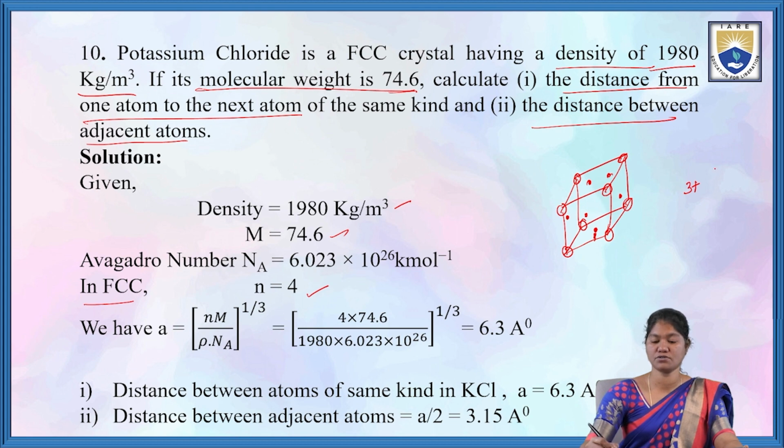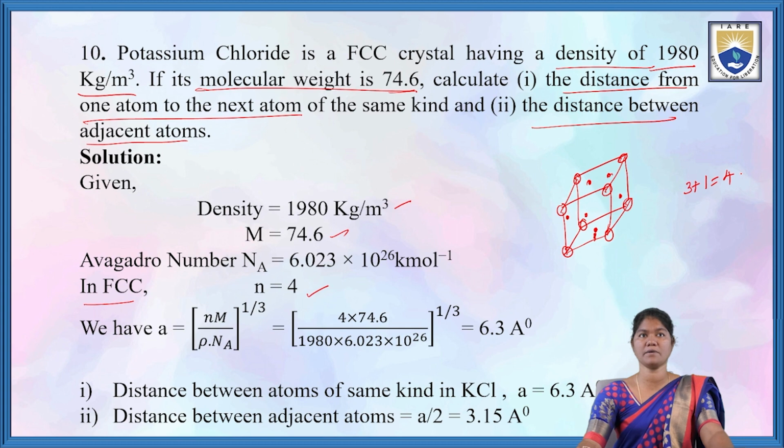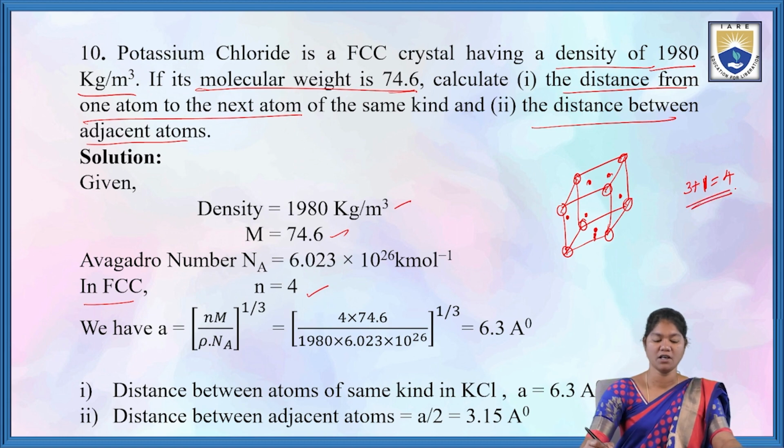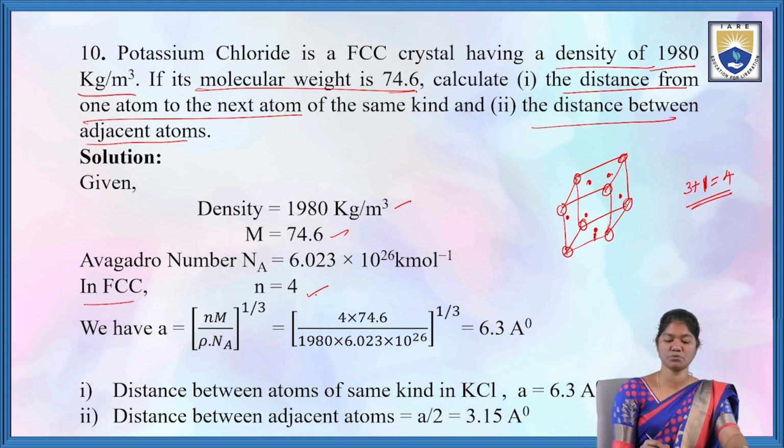All the corner atoms together count as 1 atom, and in each face of the cube an atom is shared, so 6 by 2 gives 3. So 3 plus 1 is 4. So in FCC, the number of atoms is 4, so N equals 4.